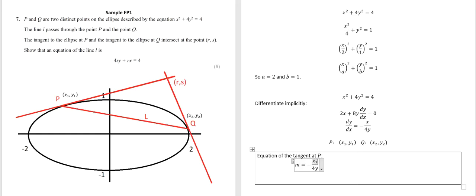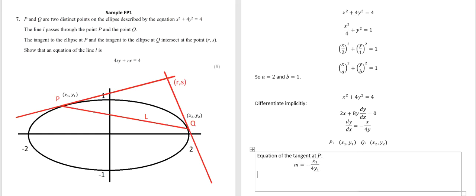It's going to be minus x1 over 4y1. And then we can just apply the general formula, y minus y1 equals m brackets x minus x1. In this case, the y1 and the x1 are exactly y1 and x1, because that's what we decided to call those points. We just need to fill in the value of m, which is minus x1 over 4y1.